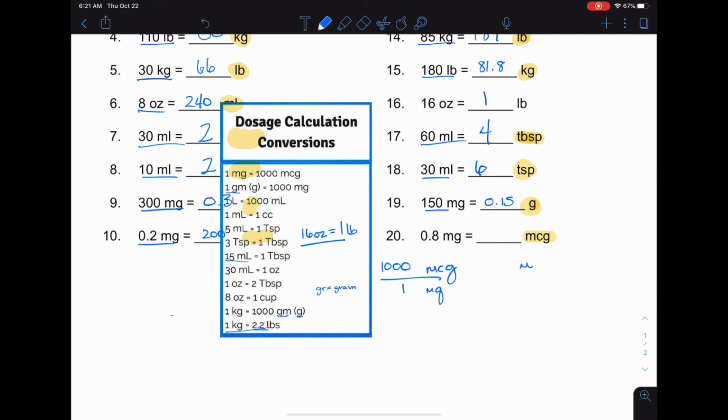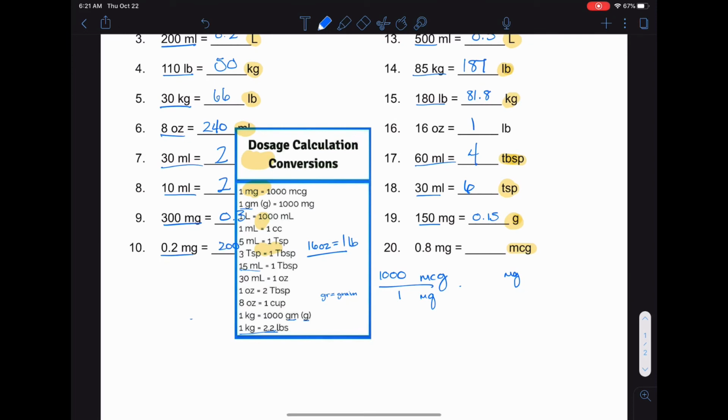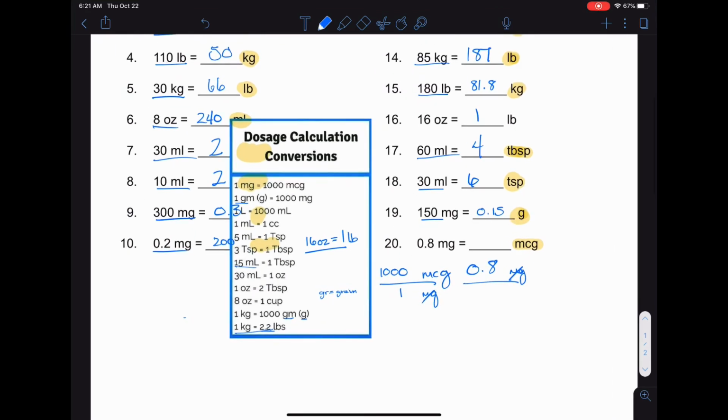Need to get rid of milligrams, so I'm going to put that up top. Oop. I got ahead of myself canceling. That's okay. So we can work in 0.8 at this point. That leaves us with just micrograms. So now we can throw that over 1 and do our multiplication. 0.8 times 1,000 is 800 over 1. So that is our answer, 800 micrograms.